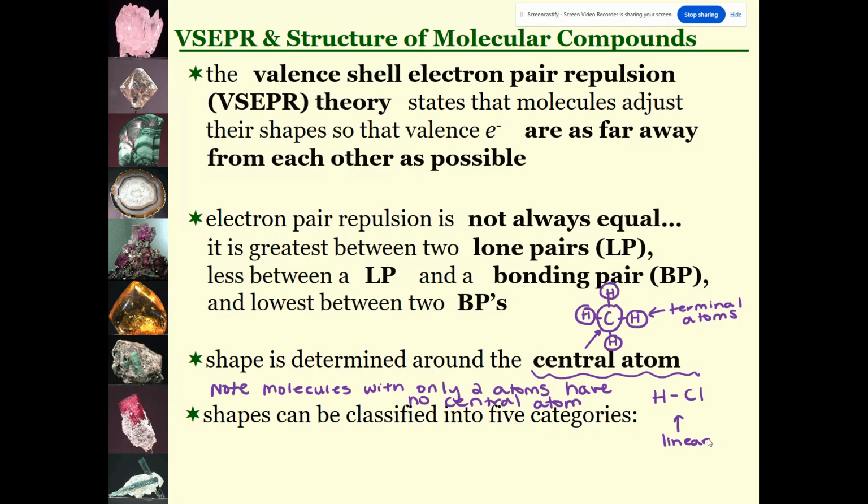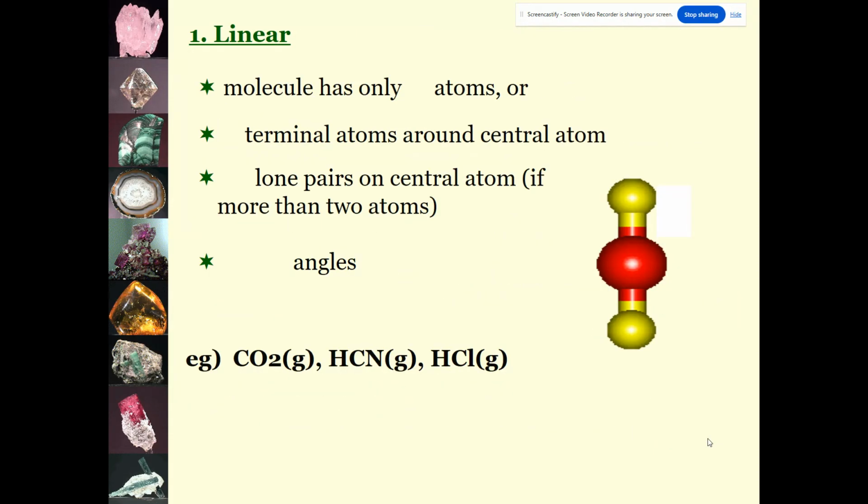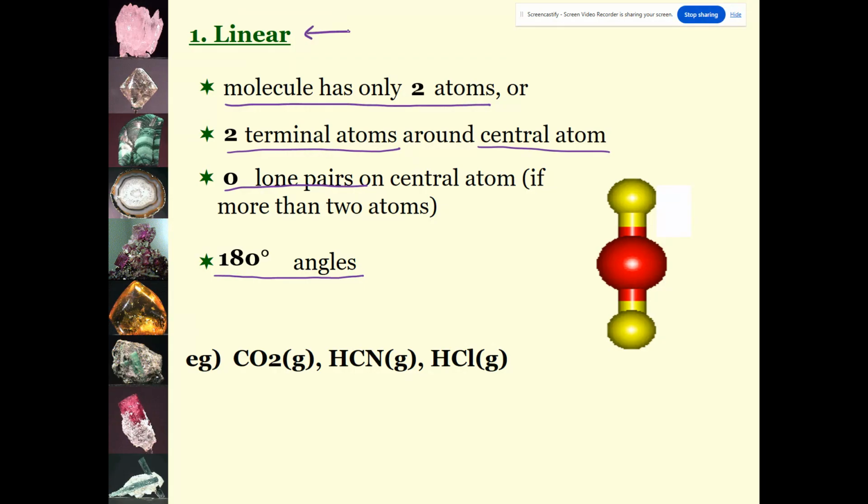Okay, and that's actually the first shape that we're going to look at, linear. So if your molecule has only 2 atoms in it in total, okay, or the central atom has 2 terminal atoms around it, and there are 0 lone pairs around the central atom, the bond angles are 180 degrees, and the shape is what we call linear.